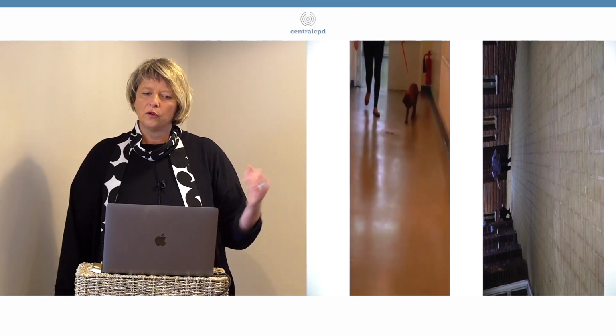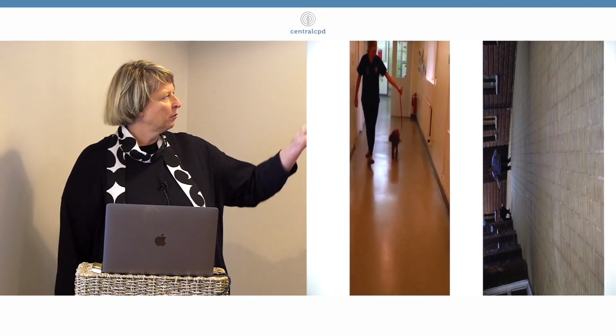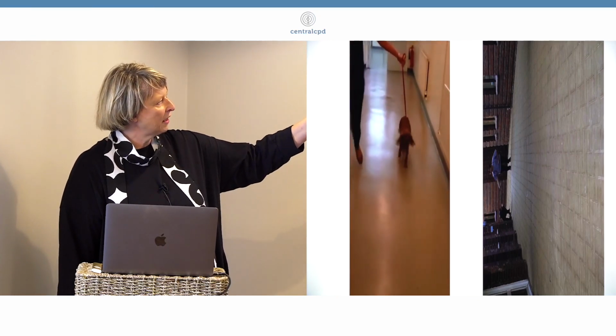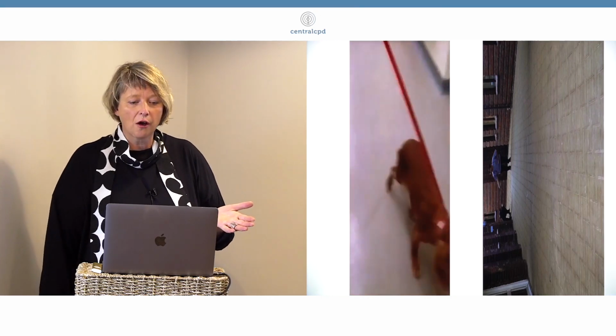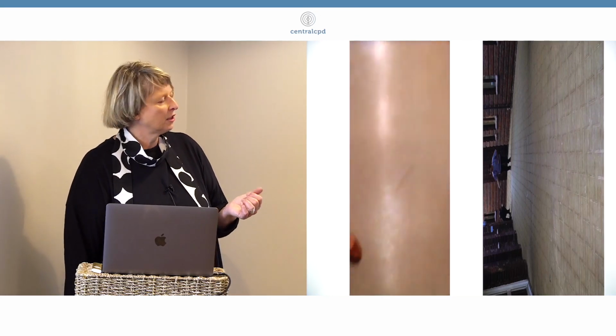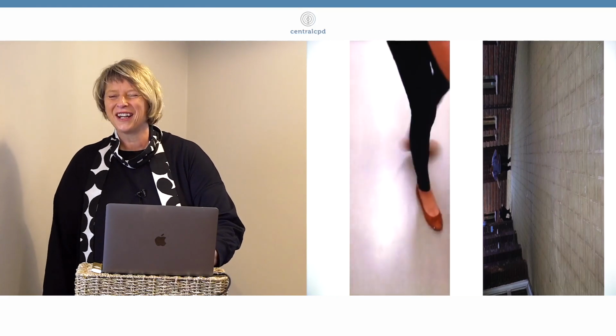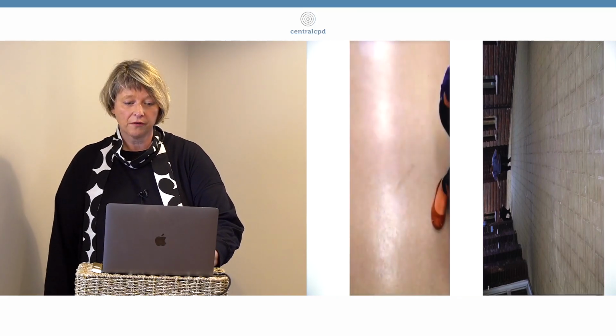So there it's useful to stop then, but also to find a way that the animal is not pulling on the lead. That makes it very difficult to observe, and then we can get concentrated moments where we can observe the lameness properly.